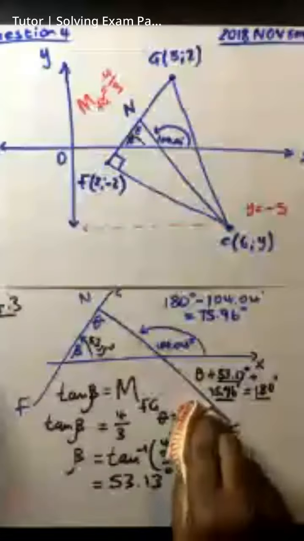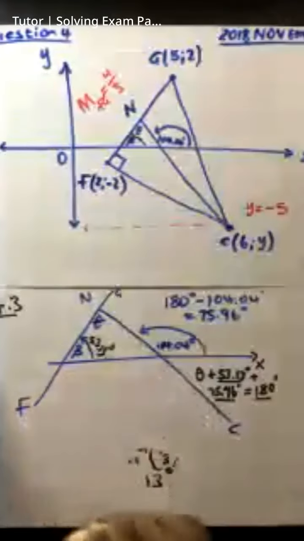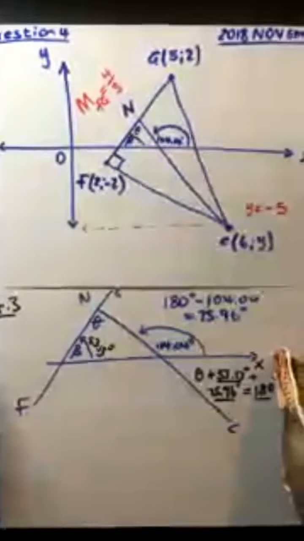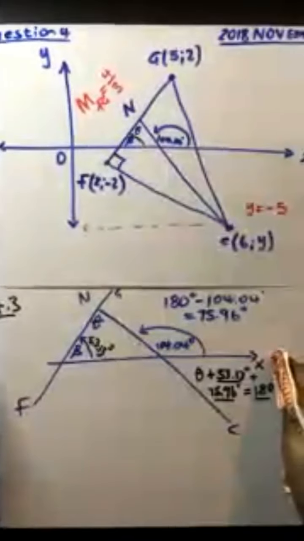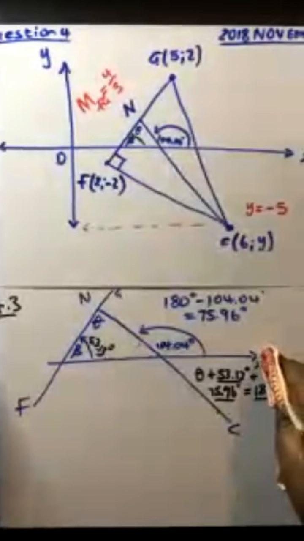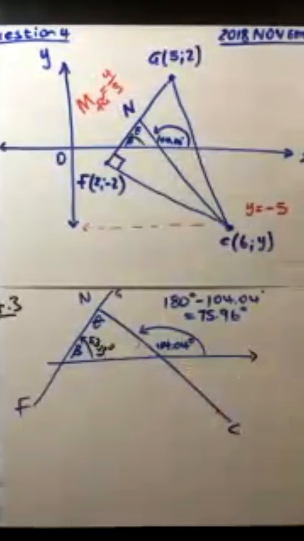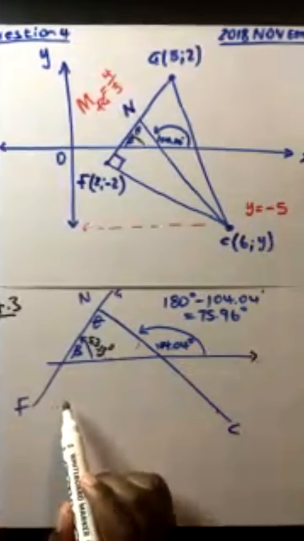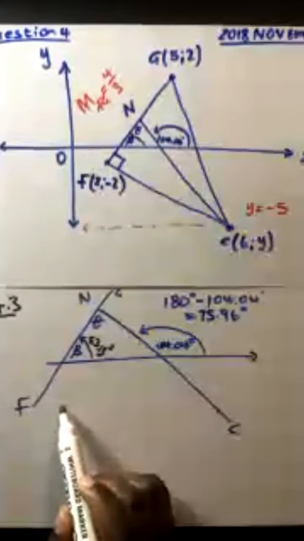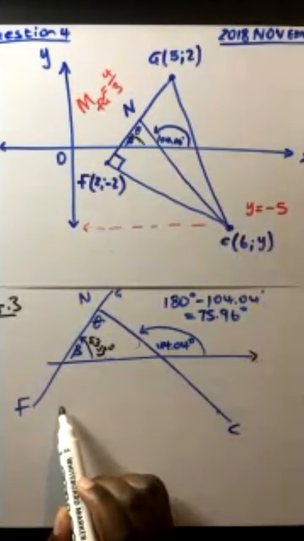The rule of exterior angles, sir. The exterior angles of a triangle are equal to the two opposite interior angles. Then how do we calculate that angle theta? What am I writing? The sum of angle theta and angle beta should equal 104,04.